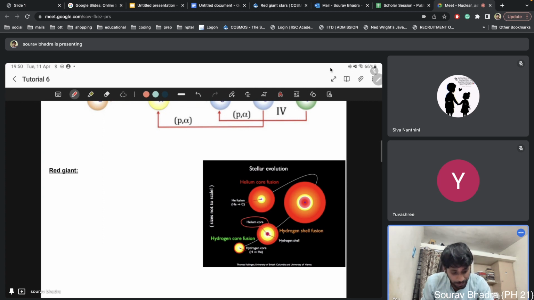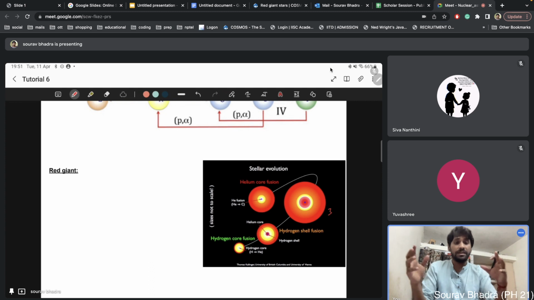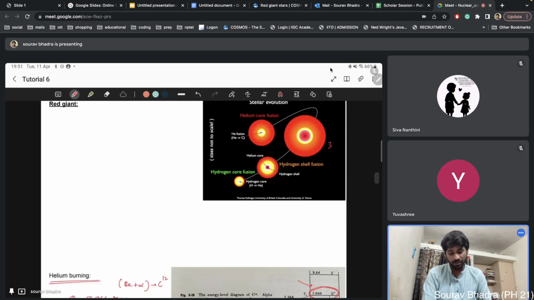Envelope means this red part. So it will expand according to the volume expansion rule, and with more and more burning, you can see in the third step the red part has become a very large volume, and it will go to the red giant and red supergiant phase, but it will start from the helium burning, not from the hydrogen burning.